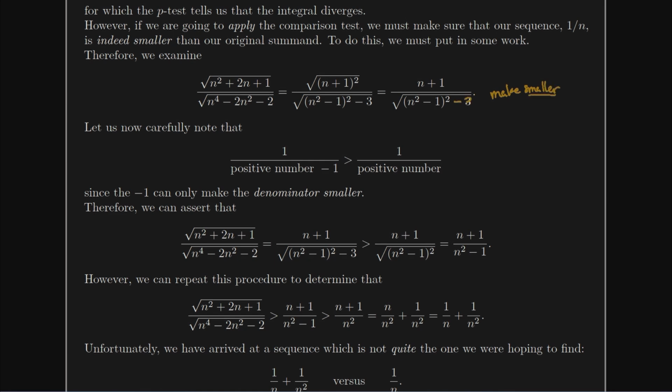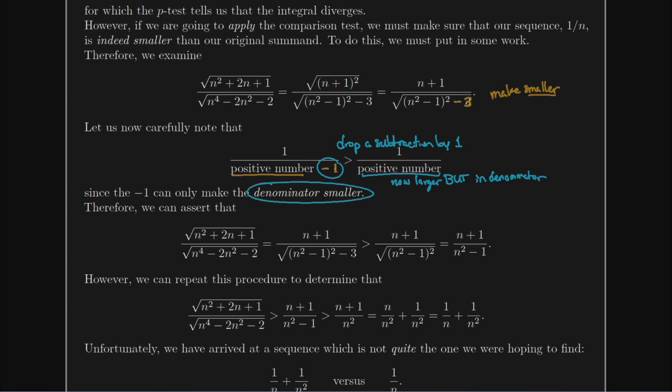Well, let's think about a -3 in a denominator. If you have any positive number, maybe -1 in a denominator, maybe your positive number should be at least 2, of course, but as long as you have basically a positive number, -1 in a denominator, if you go ahead and drop a subtraction by 1, well, you've just dropped something that had the denominator smaller, so now your denominator is larger. This is now larger, but in the denominator.